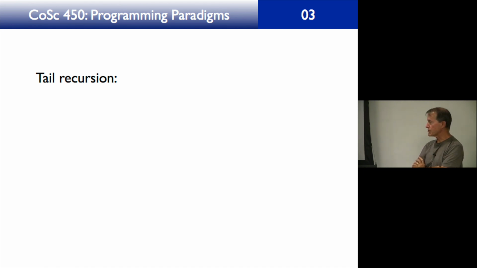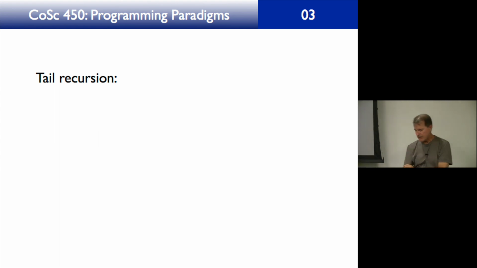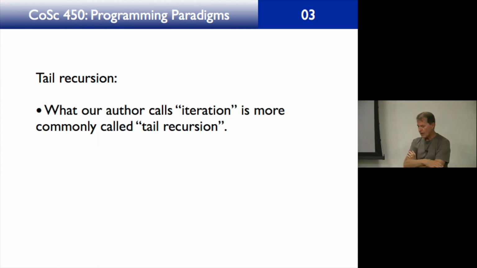Unfortunately, tail recursion is not part of the title of the chapter, because what our author calls iteration is more commonly called tail recursion. So you're not going to see this phrase tail recursion in the book anywhere, but it is so common that you just need to know it by that name.